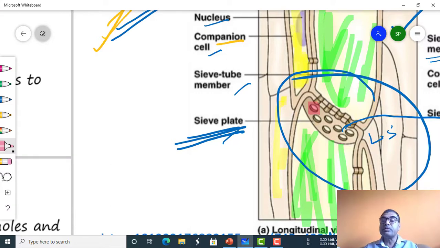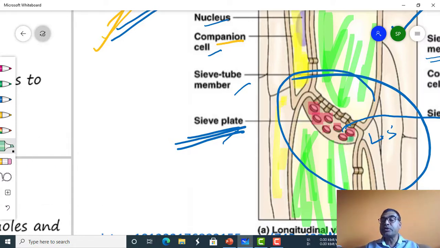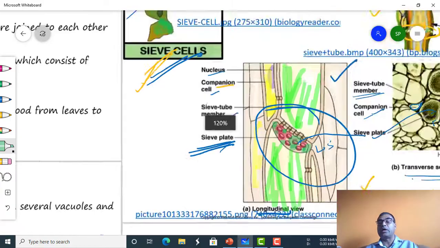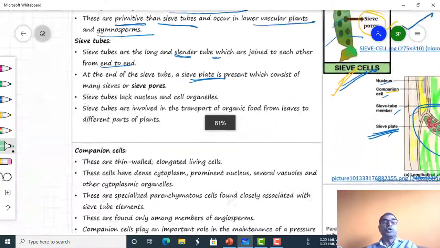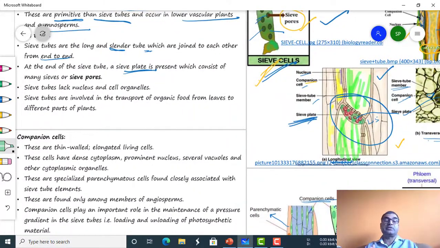So these are the regions of sieve pores, and these sieve pores are formed by callose plugs. Here, this is the area where such callose plugs are present, and these callose plugs show minute sieve areas, and these minute areas are called sieve pores. So sieve tubes lack nucleus as well as cell organelles. Sieve tube lacks nucleus.